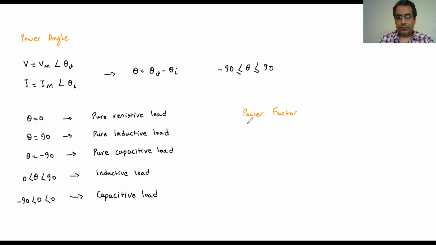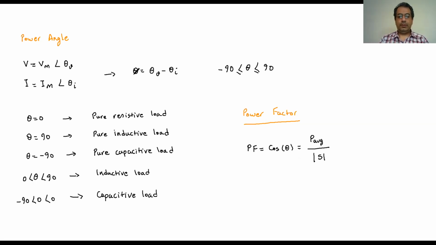The power factor is equal to cosine theta, which is also equal to the ratio of the average power to the apparent power.